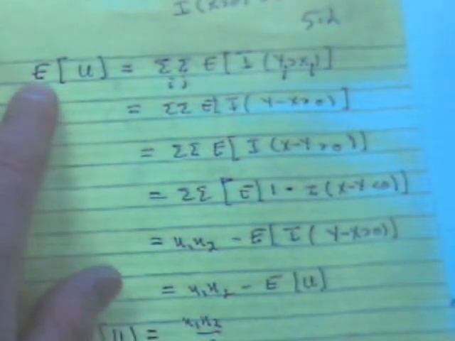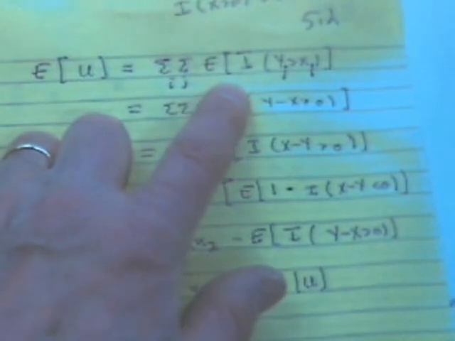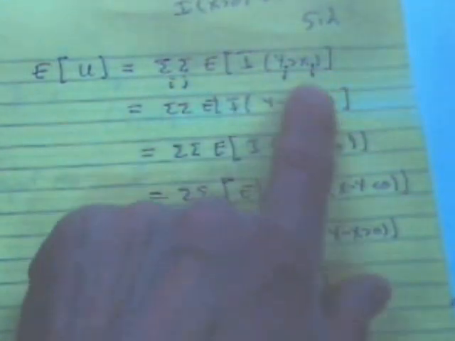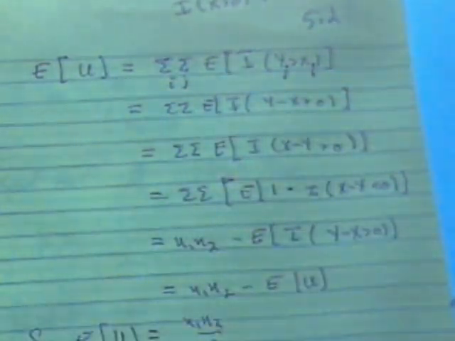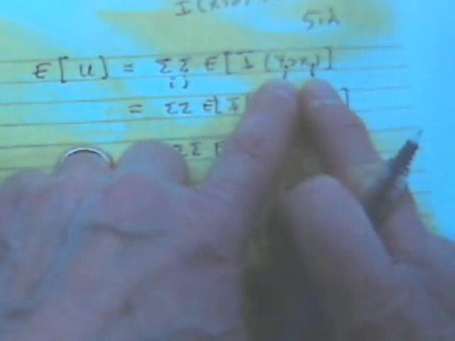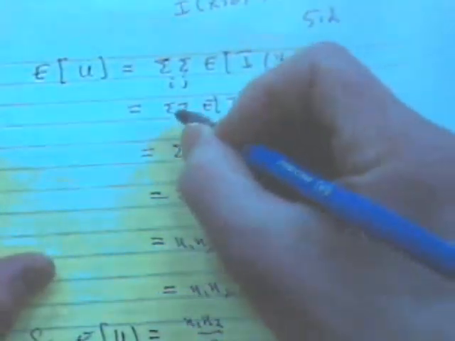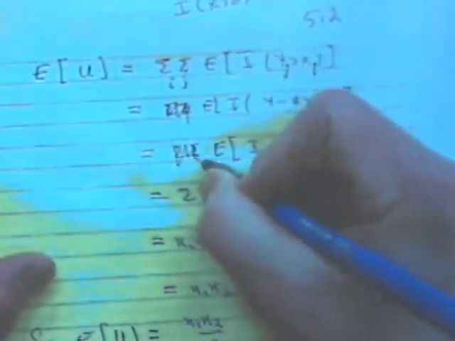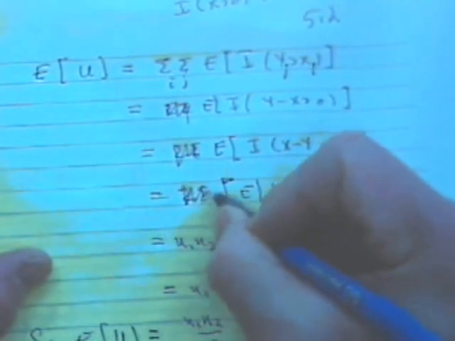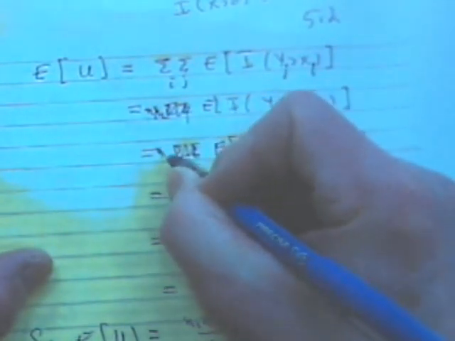So I'm after the expected value. The expected value is linear, so it's the expected value of these things, right? But all these things have the same distribution, so it's just n1 times n2 times the same thing. They're all the same.